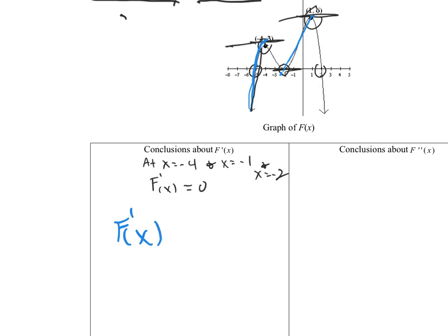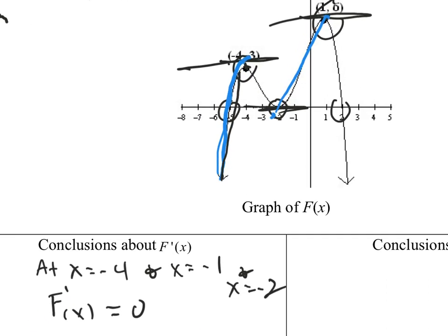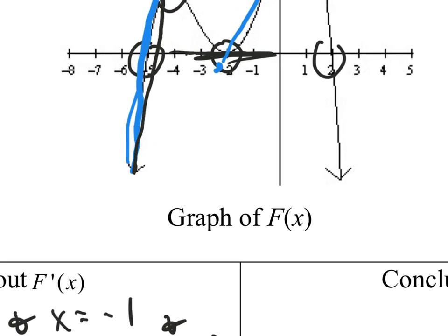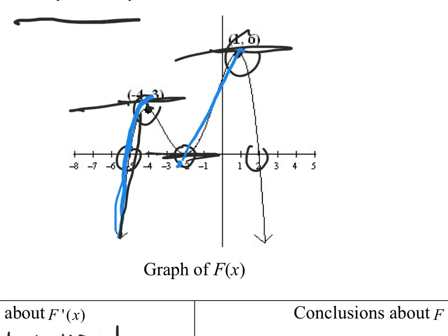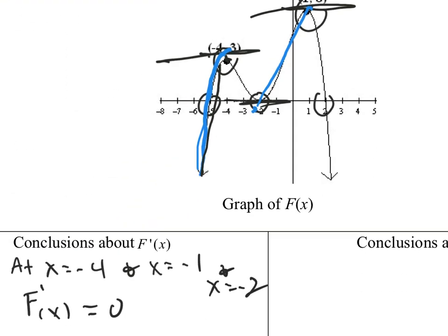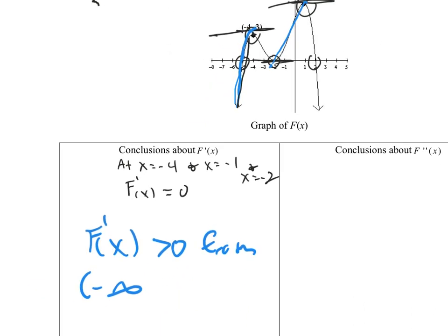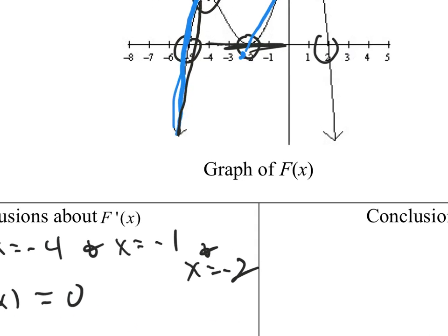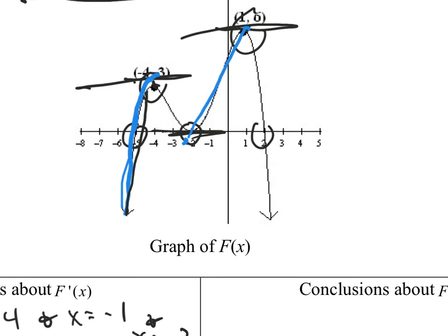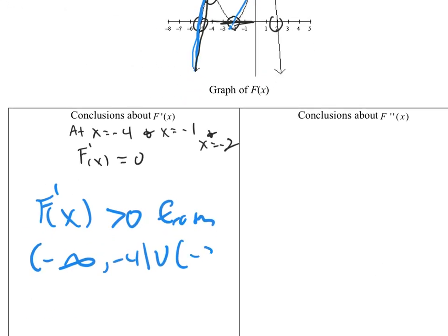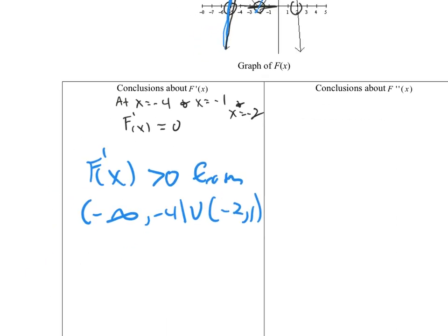F prime of x must be greater than 0 from -infinity to -4, union, pick back up at -2 and go all the way to 1.